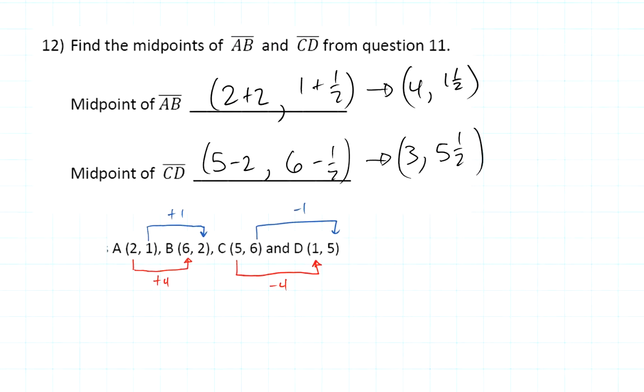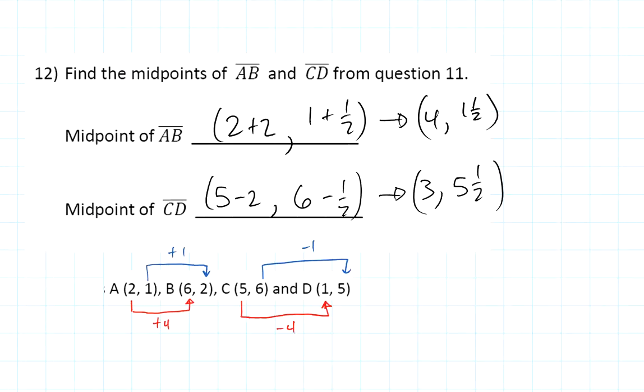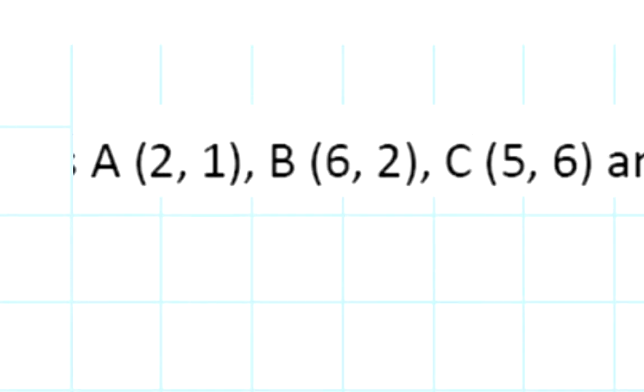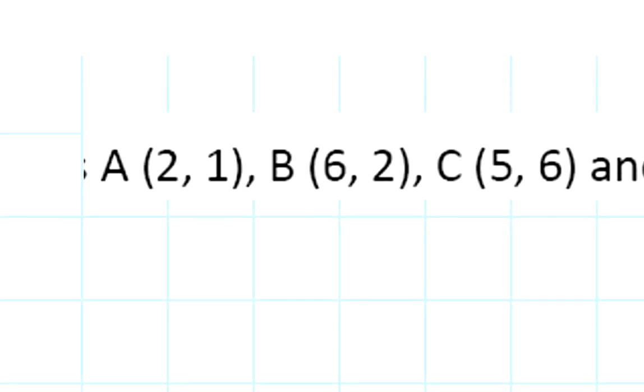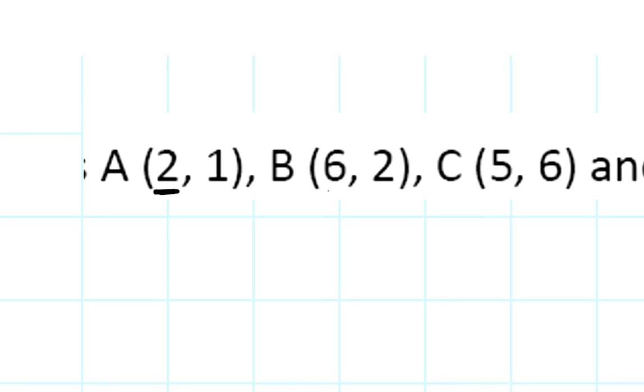And then, something that we've pointed out in class, there are other ways that you can consider these or find these. I think there's a lot of value in talking about it the way we just did, but here's an alternative approach. If I wanted to find the middle of A and B, I see that x is at 2 for A, and it's at 6 for B. Well, if I add 2 plus 6 and take half of that, you can see that 2 plus 6 is 8, and half of that is 4.